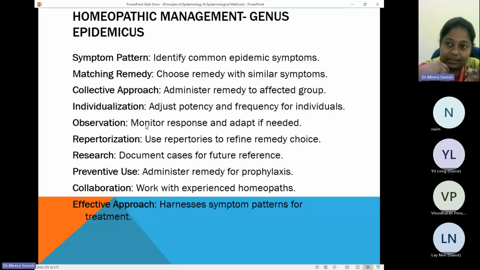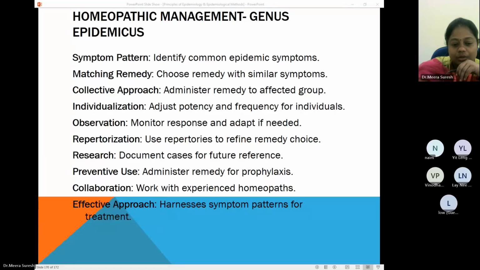And in India, there is a research institution, CCRH, the Central Council for Research in Homeopathy.